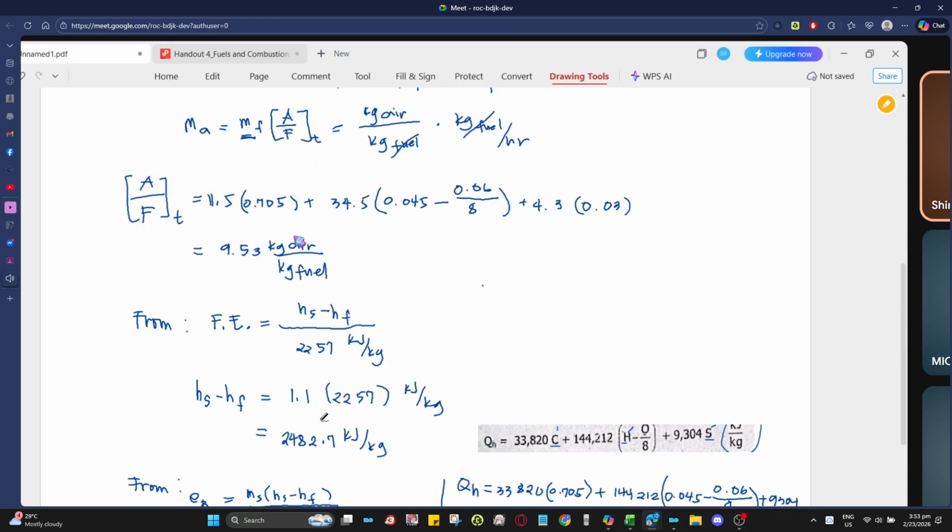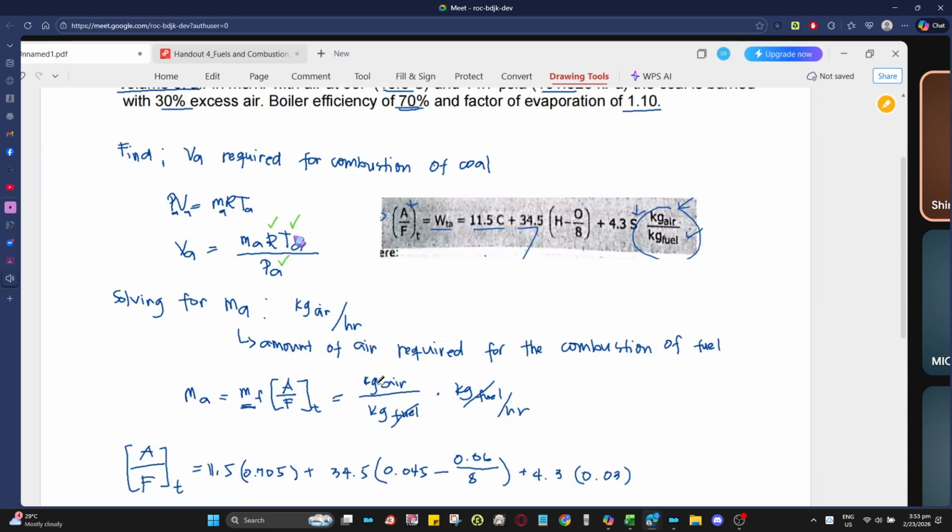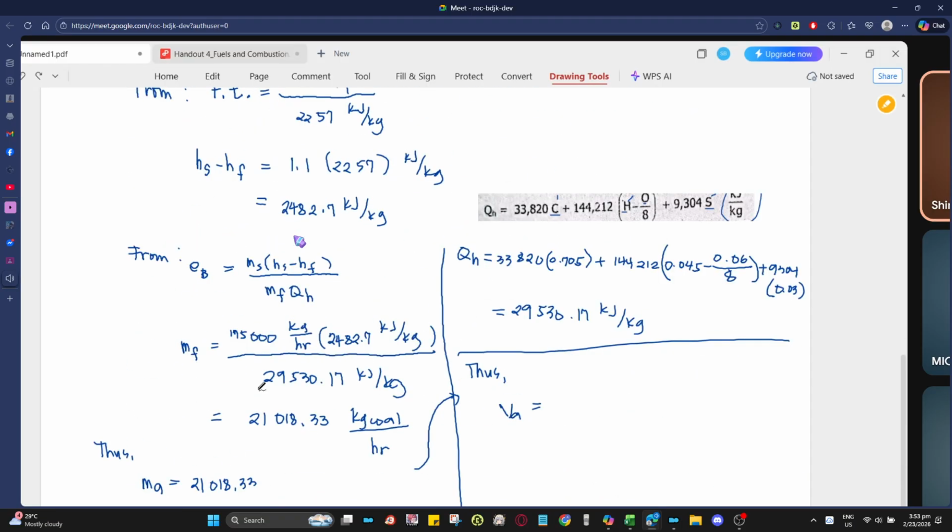The mass of air is equal to the mass of fuel, 21,018.33, times the air fuel ratio, 9.53 kilogram air per kilogram fuel.